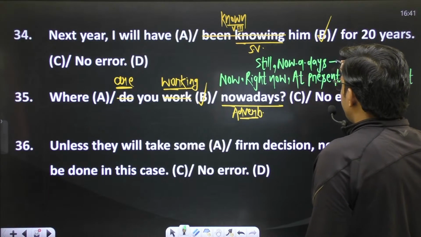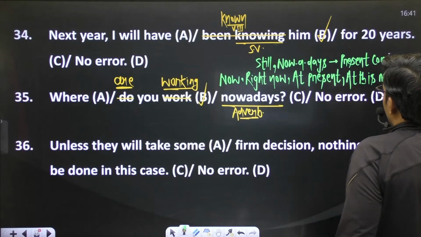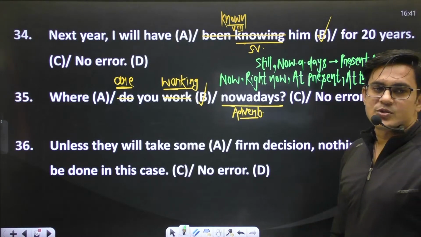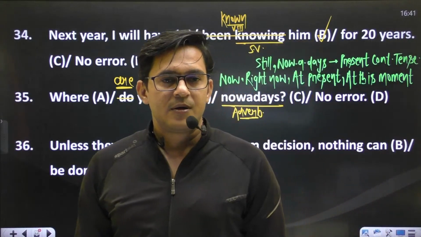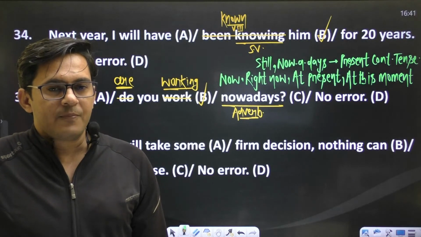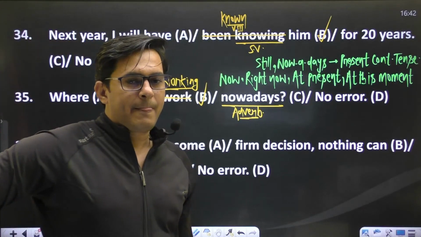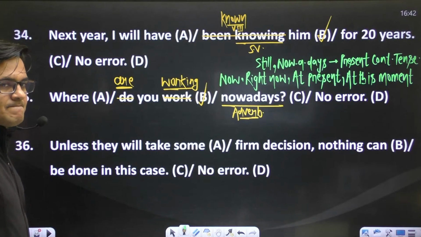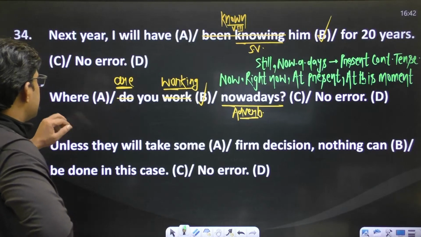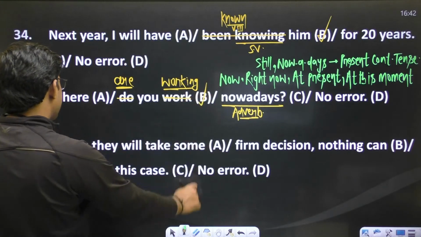These are the words which demand present continuous tense. We use present continuous tense with any of these words. If you apply it in the sentence, where are you working nowadays, the sentence will be fine. The error is in part B.